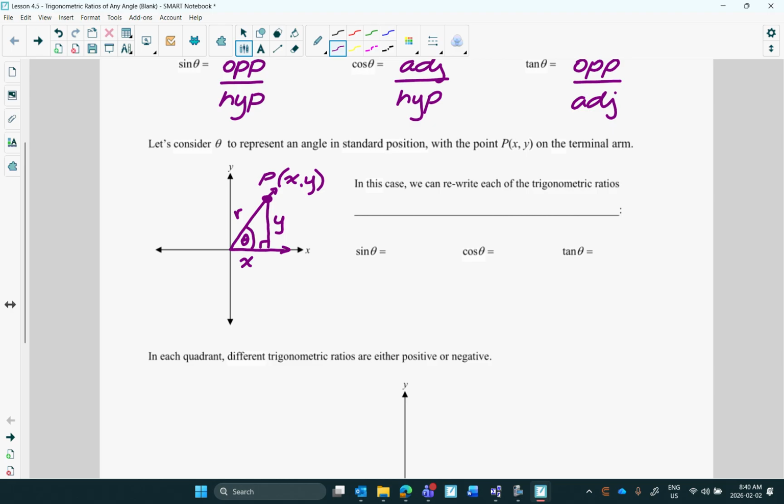So now that we've created a right triangle, we can write the trig ratios in terms of x, y, and r.